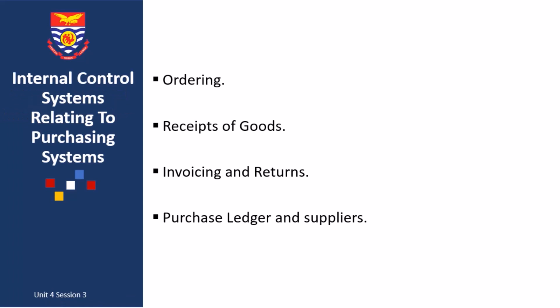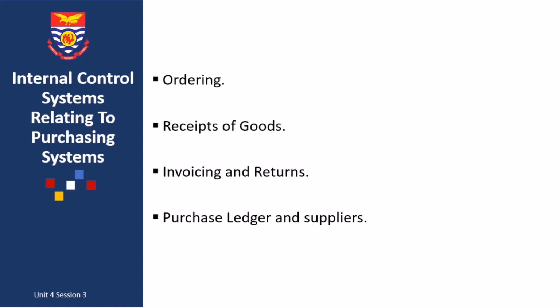Now let's look at the internal control system relating to the purchasing system. And as usual, it also starts with ordering. So we have to issue a requisition note for purchases and then they should be authorized. So it is now you, the entity, going to place an order to buy goods. So you have to place the order and this order should be authorized.